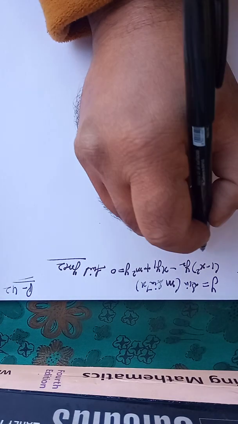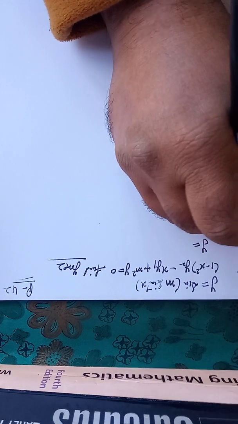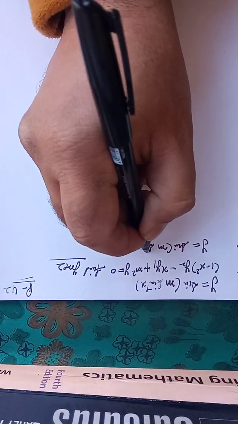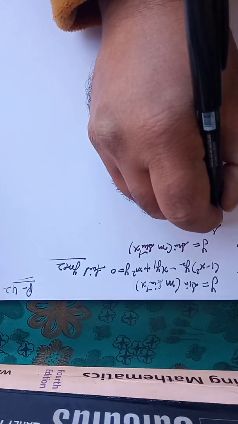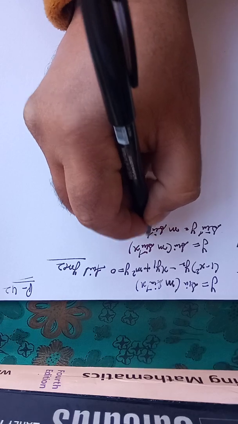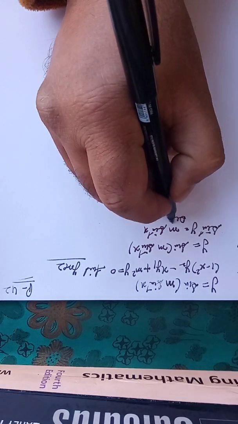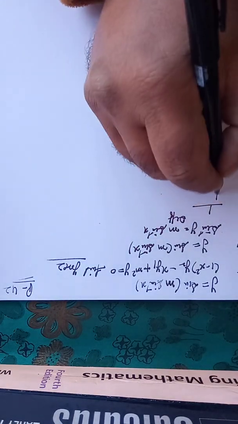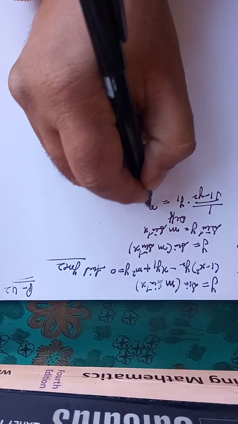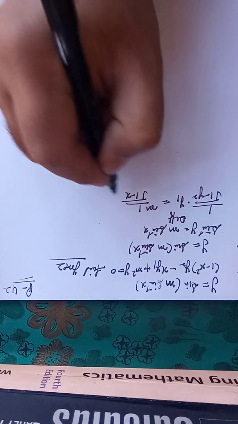Now let me see how to proceed. You have y equal to sine m sine inverse x. This means sine inverse y is m sine inverse x. Let me differentiate. This is 1 upon under root of 1 minus y square, derivative of y is y1, equal to m into 1 upon under root of 1 minus x square.